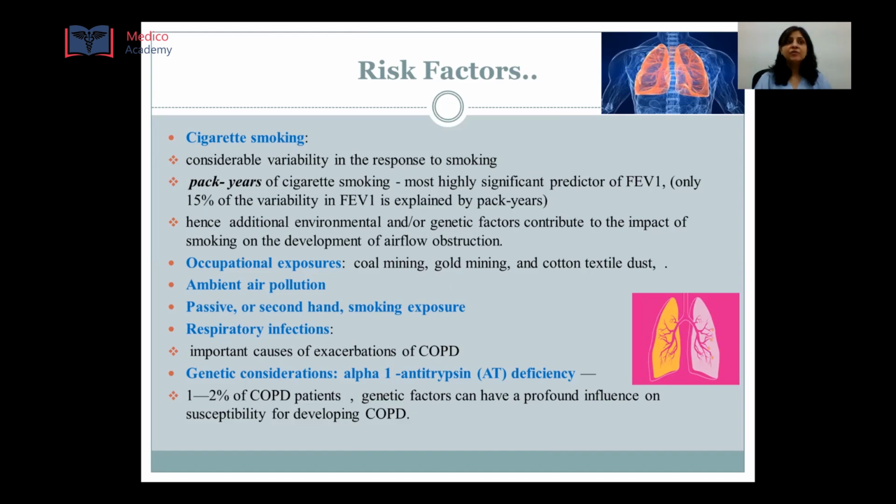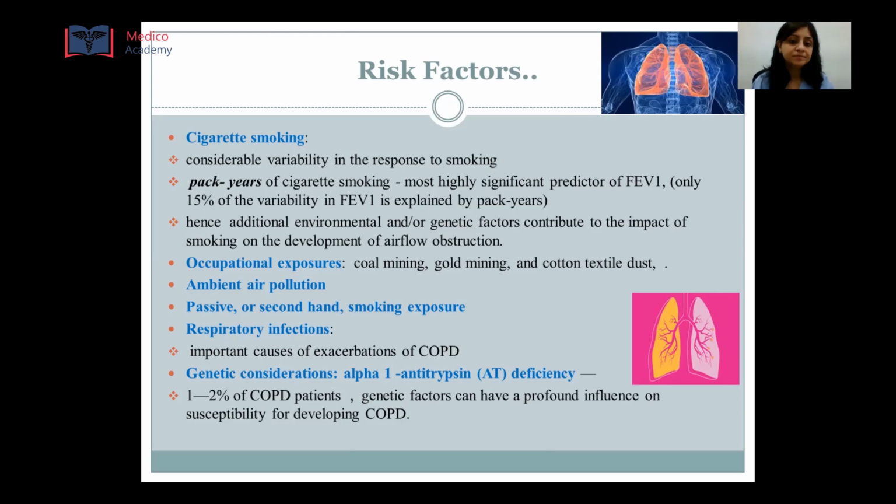But whatever variability that has been observed with respect to pack years and cigarette smoking, it has only been 15%. So that means there are additional environmental and genetic factors also that contribute to the impact of smoking on the development of airflow obstruction.